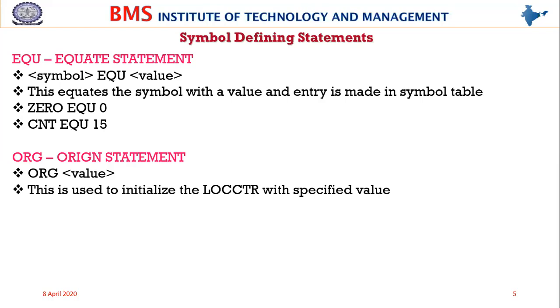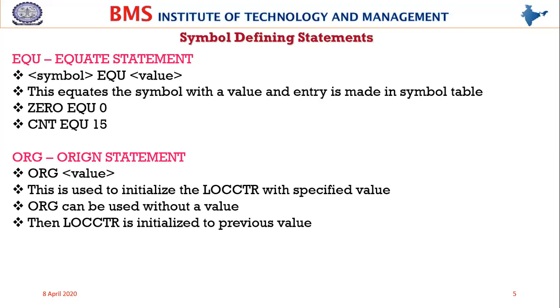And here one important thing is that ORG can be used without a value. You can just specify the assembler directive ORG without specifying any specific value, something like 2000, you don't specify. Then what happens? The location counter value is initialized to the previous value. For example, we are assembling a program and you started with 1000, 1003, 1006, something like that, it has gone.